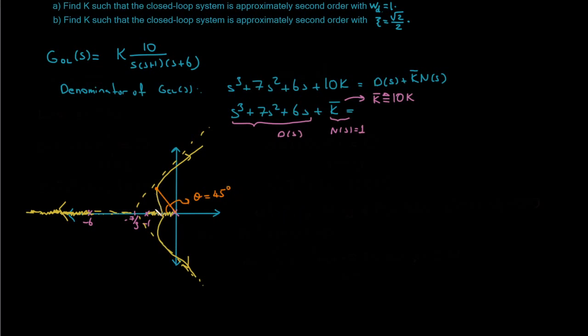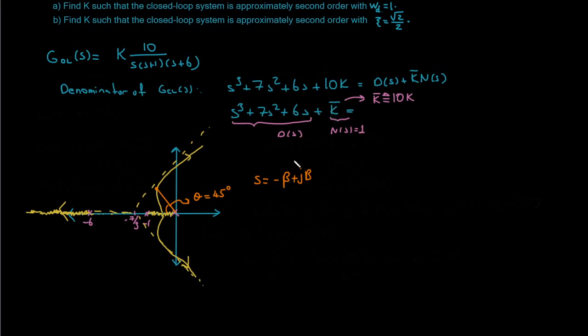And if that is the case, we have theta 45 degrees, then I will have the roots as S is equal to, let's say, minus beta plus j beta, okay, for this one, and the other one is minus j beta. And what I would like to find is the corresponding beta value and K bar value, and I will do the very same thing.